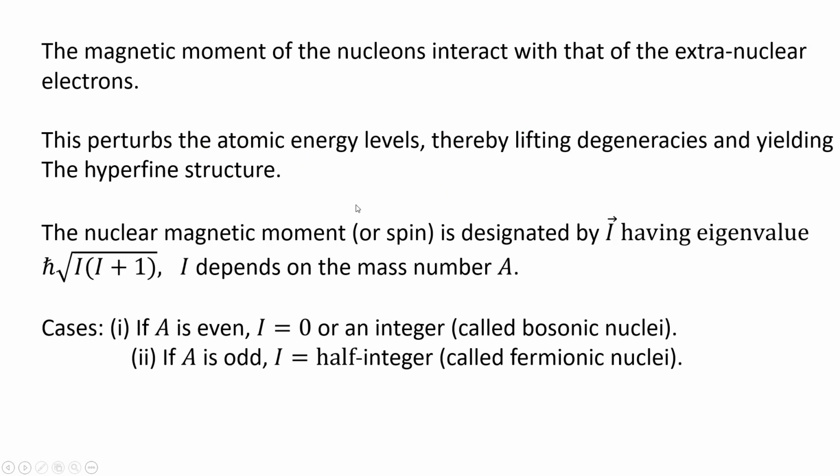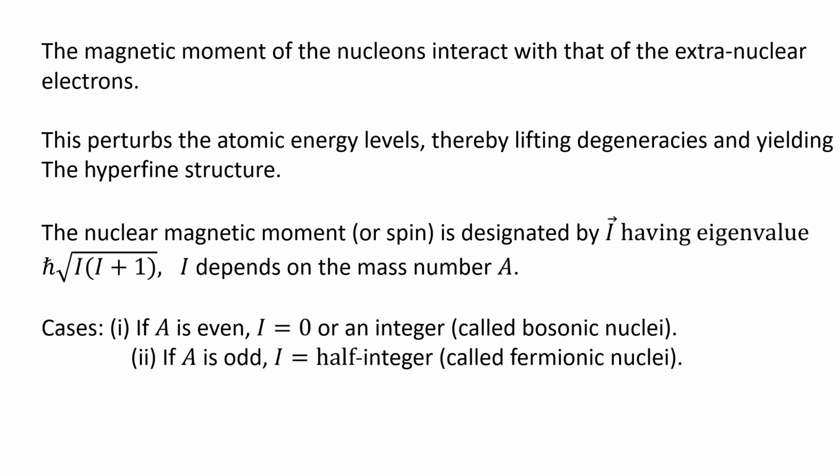such as microwave spectroscopy, radio frequency spectroscopy and so on. The nuclear magnetic moment or the spin, which is often equated with spin, but we are talking about the total angular momentum, is denoted by the vector I, and it has eigenvalues root of I into (I plus 1) times h cross.